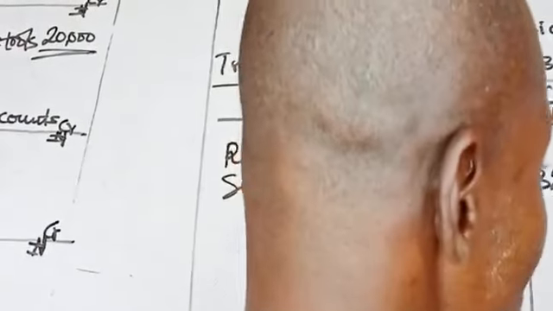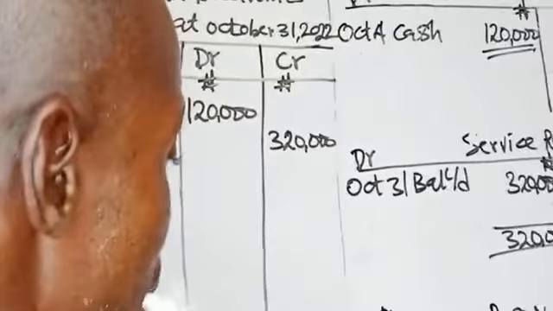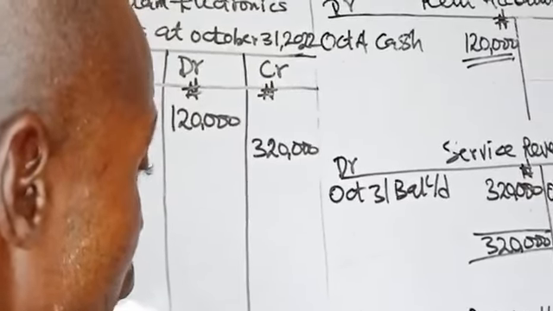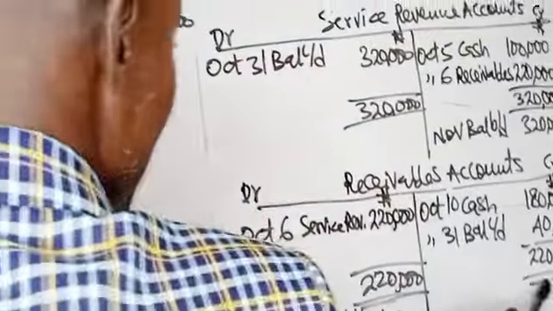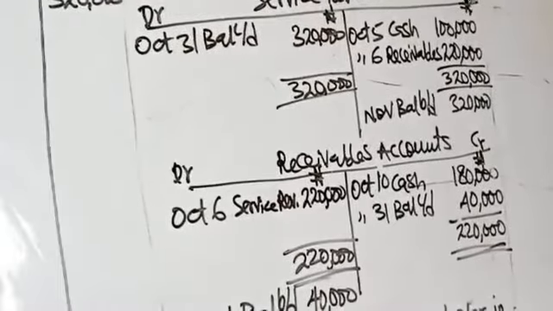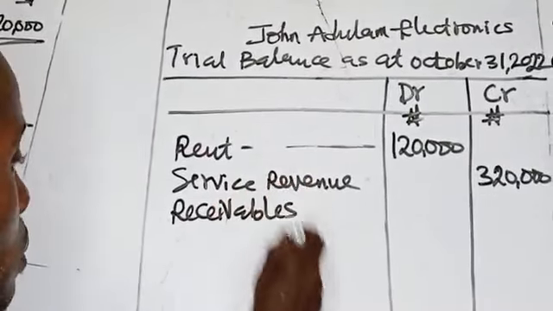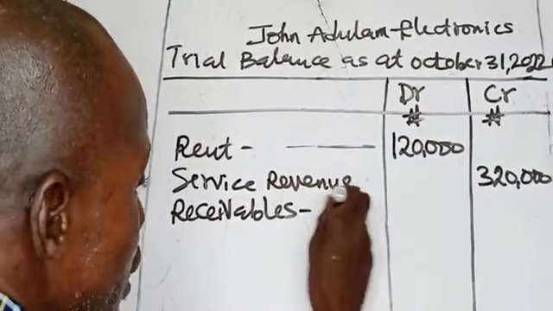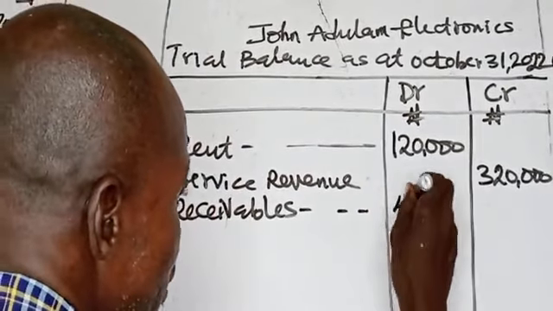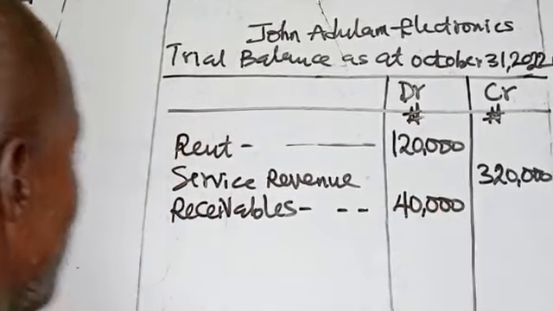Then we also have receivables. This is a debit balance of 40,000 naira in receivables account. So you are going to put it at the debit side. Receivables, 40,000 naira.